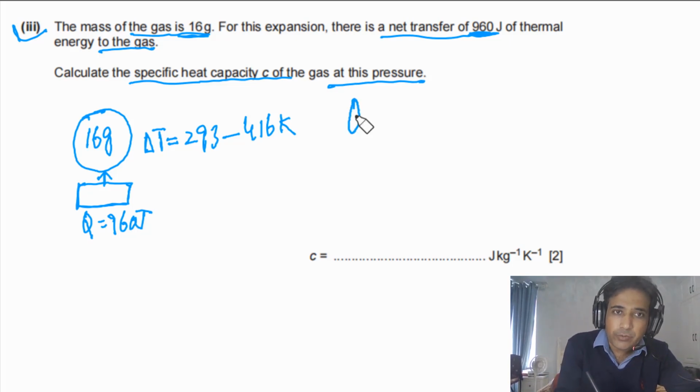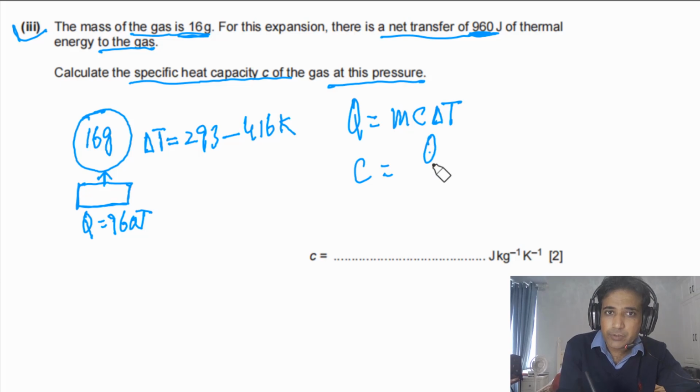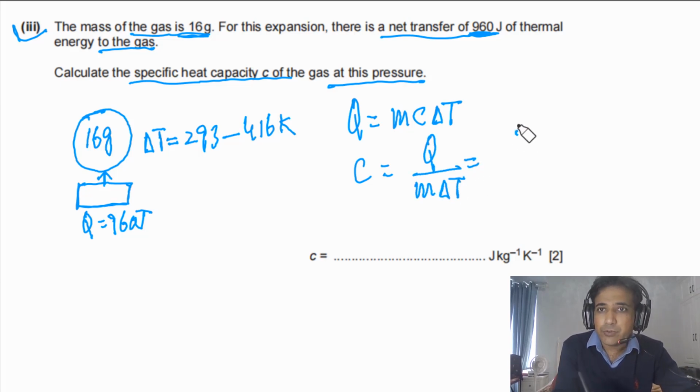So simply now we can write down Q is equal to m c delta T. We need to find the value of c, so that will be equal to Q divided by m times delta T. The value of Q is 960 joules and the mass is 16 grams, which means 16 times 10 to the minus 3.